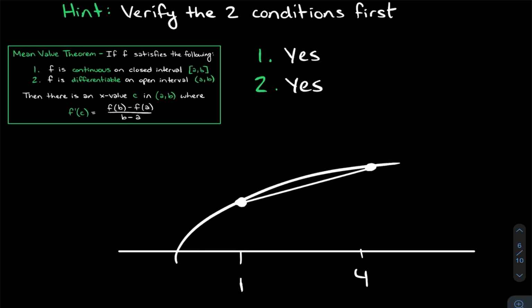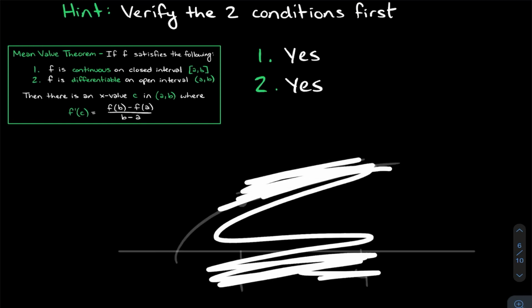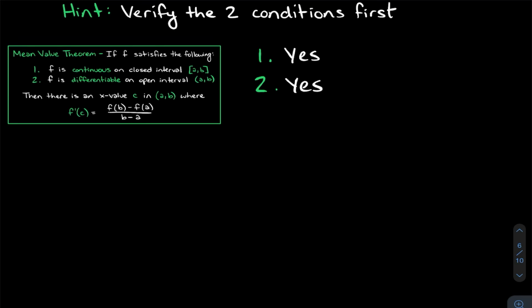We're going to find the slope of this line, and we know the slope of this curve is going to have to equal the slope of that secant line at some x value, which we call c. So we need to find the slope of that secant line first, and then we'll find the slope of the tangent line, the derivative.